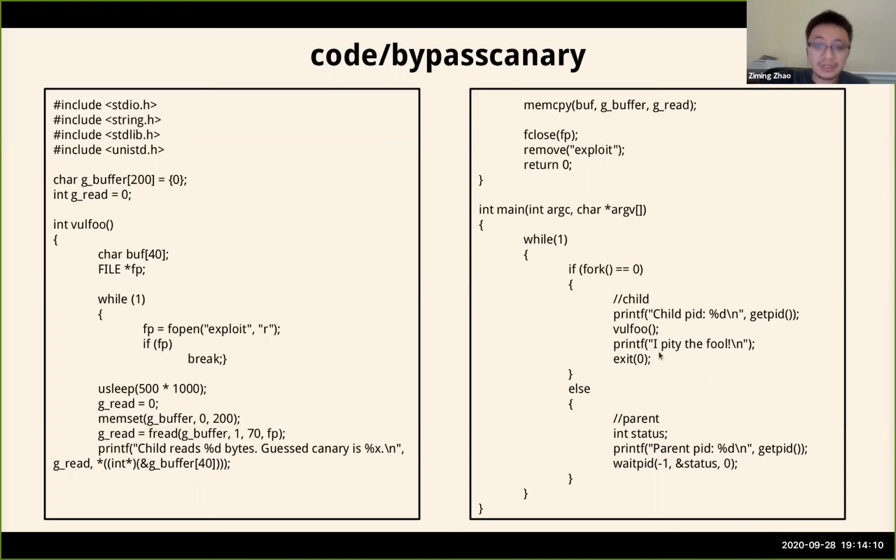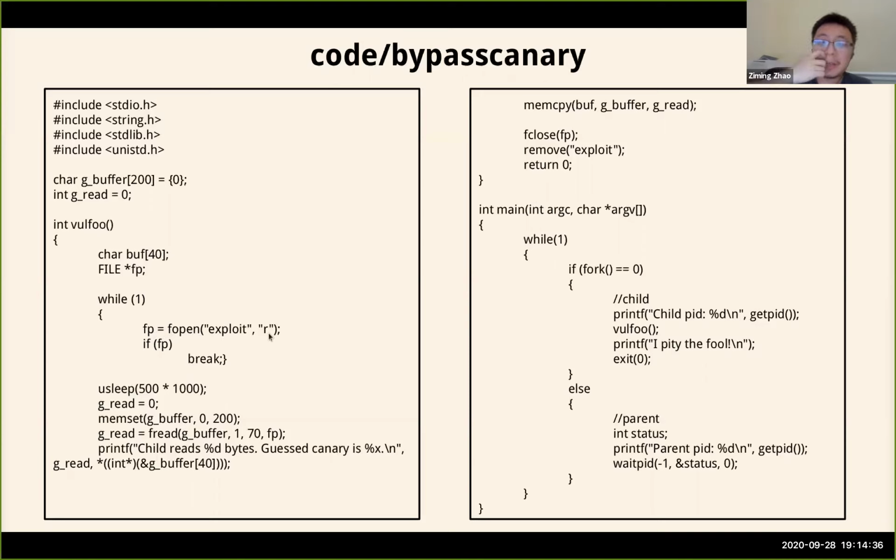Okay, then let's see what this vulfoo function does. The vulfoo function has a buffer, 40 bytes in C code. Then there is a file. It's going to open a file. This also has a big loop. It will try to open a local file called exploit. It will read that local file exploit.